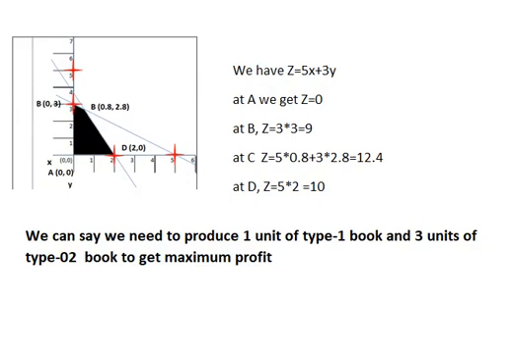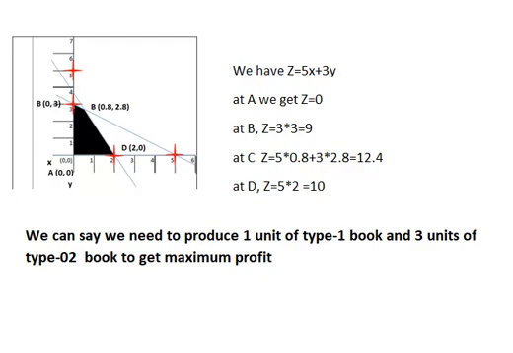So we maximize Z, where the equation given is Z equals 5x plus 3y. If I put the first point A, it is 0, 0, so I get Z equals 0.